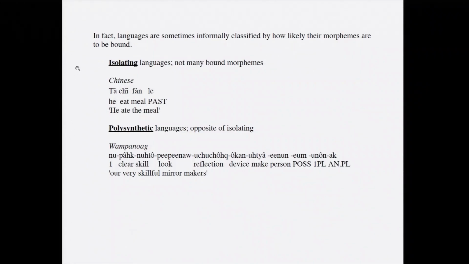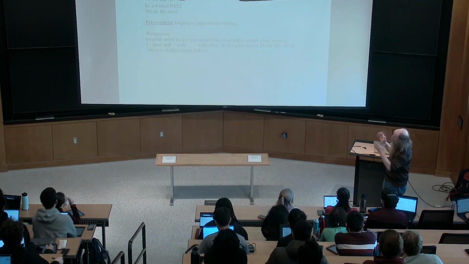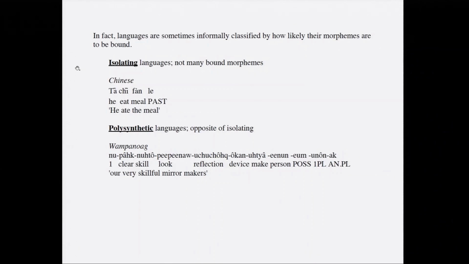And this is what he came up with. It means "our very skillful mirror makers." And as you can see, it consists of lots and lots of morphemes, all piled on top of each other. He kind of cheated by putting "mirror" in the middle of that. So mirror itself is a morphologically complex word. In Wampanoag, it means device for looking at your reflection. So look, reflection, device.